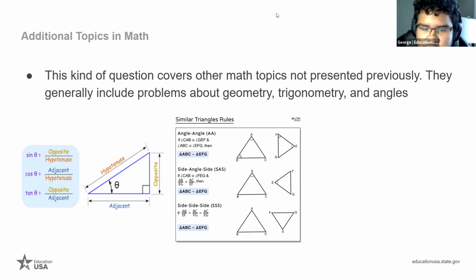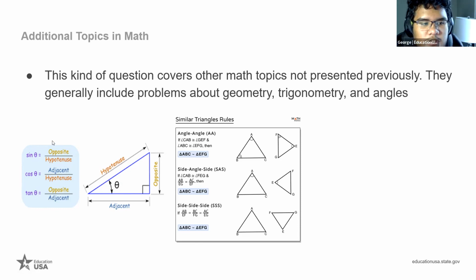But yeah, so the additional topics in math, the questions in this category usually cover math topics not presented in the Heart of Algebra or the Passport to Advanced Math, which usually include problems about geometry, trigonometry, and angles. Here I have some images for trigonometric functions, the most important ones being sine of an angle theta, the cosine of an angle theta, and the tangent of an angle theta.